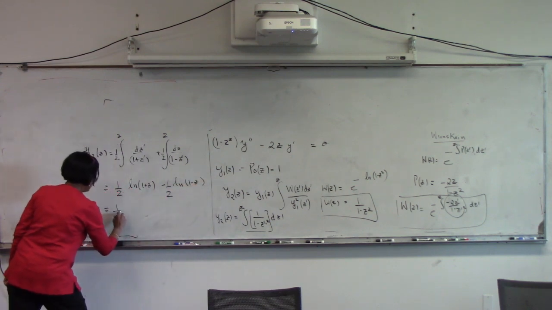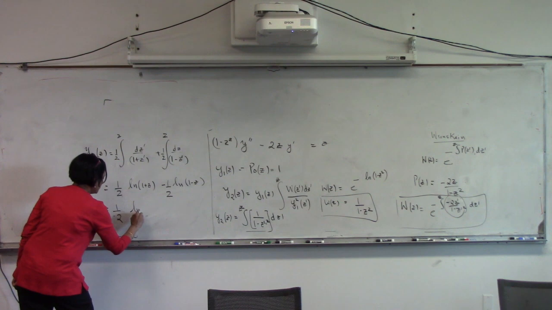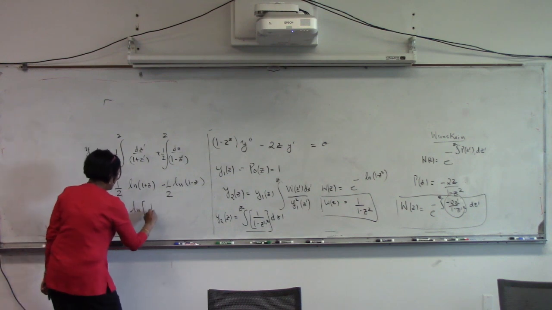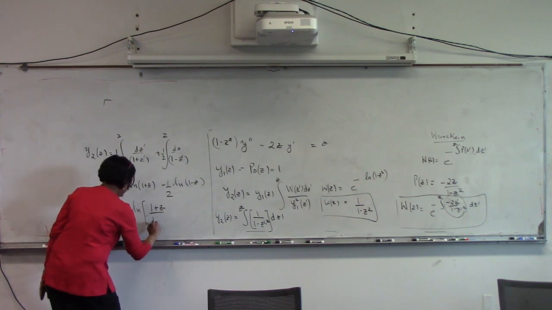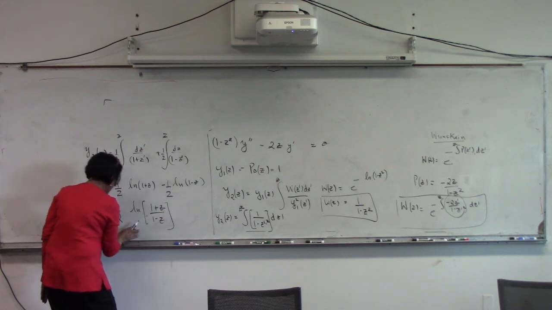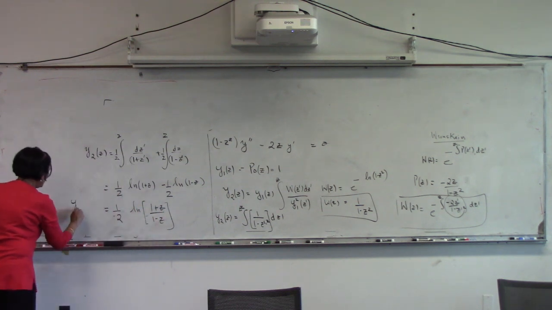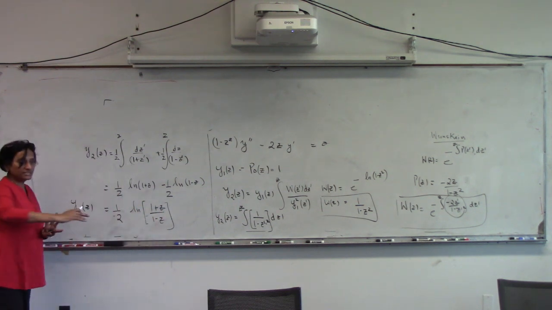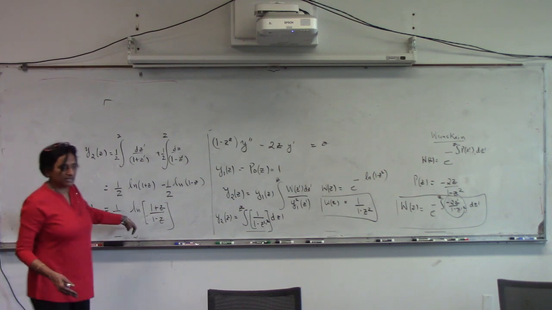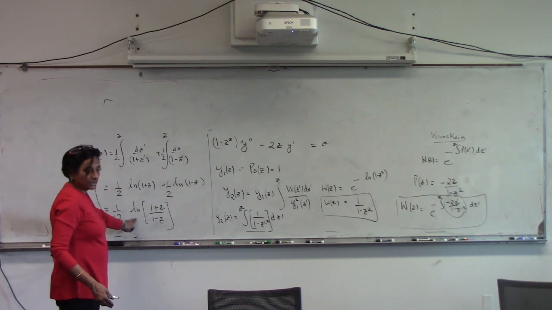So this is nothing but half of the natural log of that, which will be our closed functional form of that infinite series, the one you asked whether I can write it in that form. That's what it is.